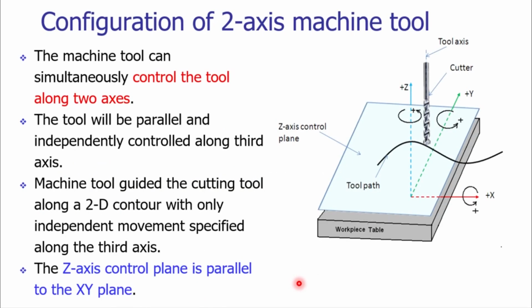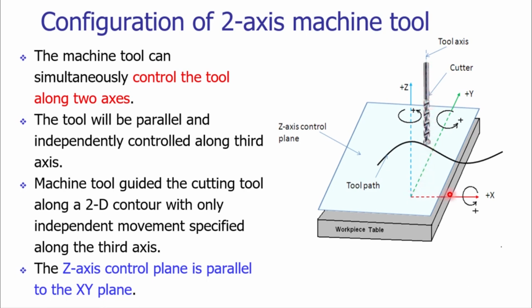So let us look at the various configurations of the axis control movements. The first one is the configuration of a two-axis machine tool. On your screen you can see a work table and there is a cutting tool or a cutter.